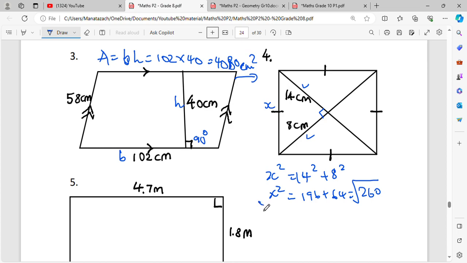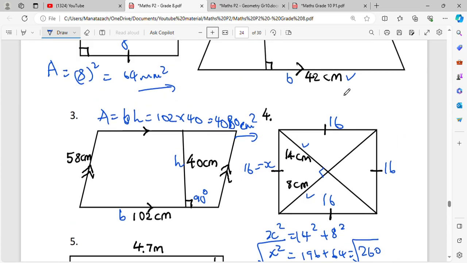So we'll apply a square root sign on both sides, and then we'll find that x is 16,1 centimeters, which is approximately 16 centimeters. So if x is 16, all the sides will be 16 since this is a square.